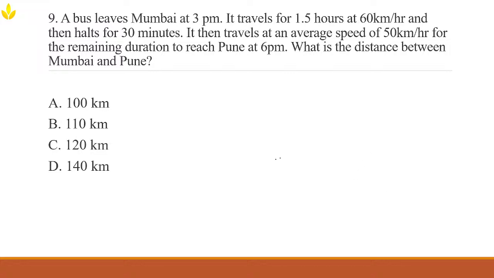So what we have to do here is we know that distance is equal to time into speed. Here the time duration is given and the speed of the bus is also given, but it is given in parts.